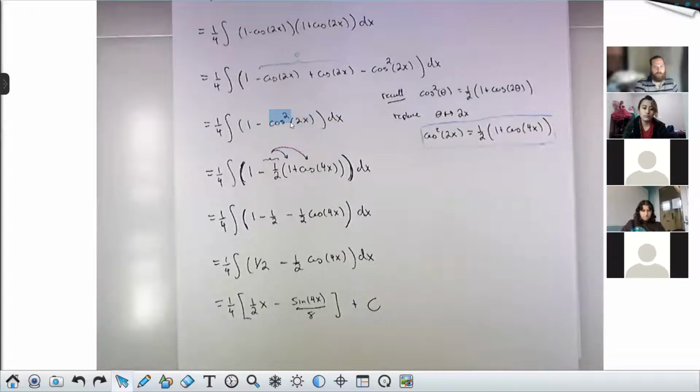And since it's a cosine squared of something, it makes sense to start with your half angle identity, cosine squared of theta equals blah, blah, blah, and plug in for theta whatever your something is here. So if this was cos squared of 3x, I would end up with 1/2 times 1 plus cosine of 6x, just by substituting theta equals 3x in this trig identity.